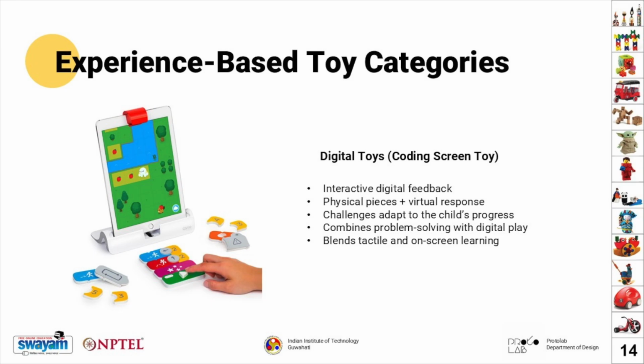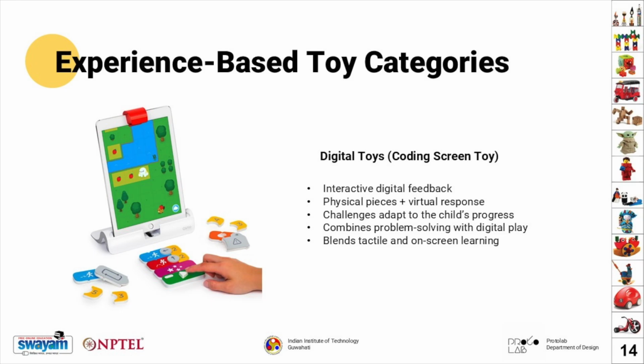When the child places a coding tile, the system instantly shows what the character on screen will do. This loop: place a piece, see the result, adjust the piece, creates a dynamic learning environment.